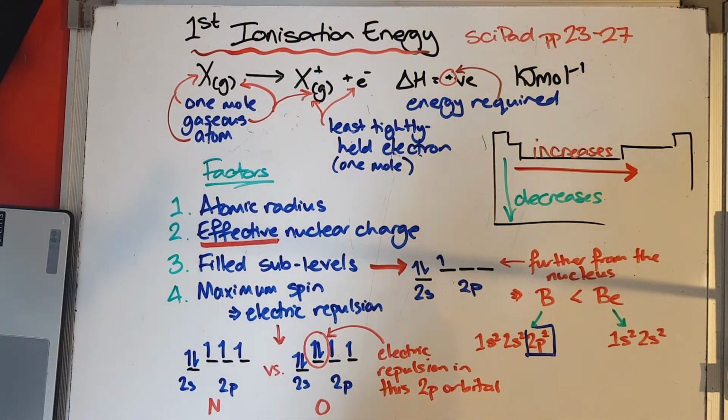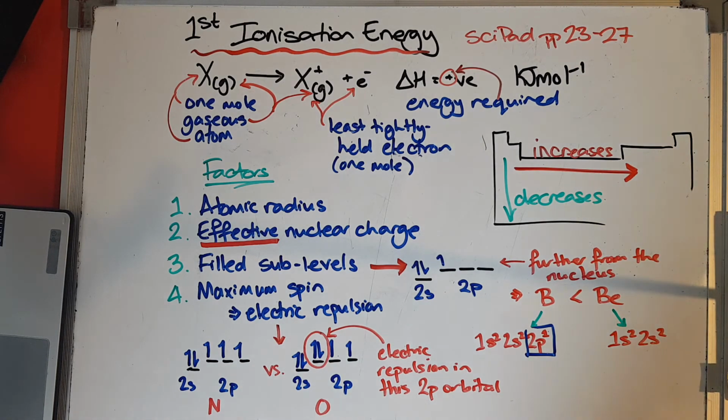All of these electrons spin the same way on different p orbitals in the p sublevel. In oxygen, one of these orbitals has got the electrons paired up, and that means there's a bit more electric repulsion between these two electrons, which makes it easier to remove that electron there.